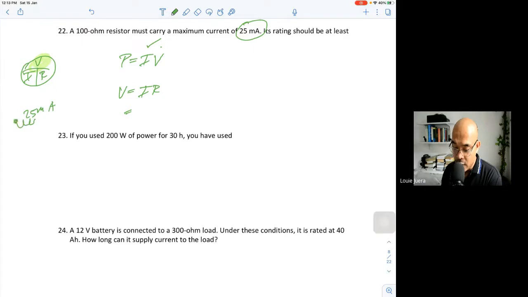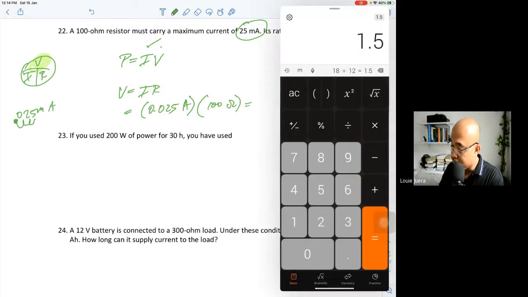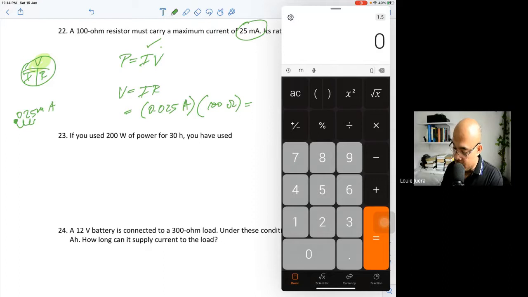This is the new decimal point, and you put some zeros there to convert it to ampere. So that is equal to 0.025 ampere. And then the resistance in this case is 100 ohms. Solving for the voltage, you can also do 25 divided by 1,000 to convert milliampere to ampere. That is the same 0.025, multiplied by 100.